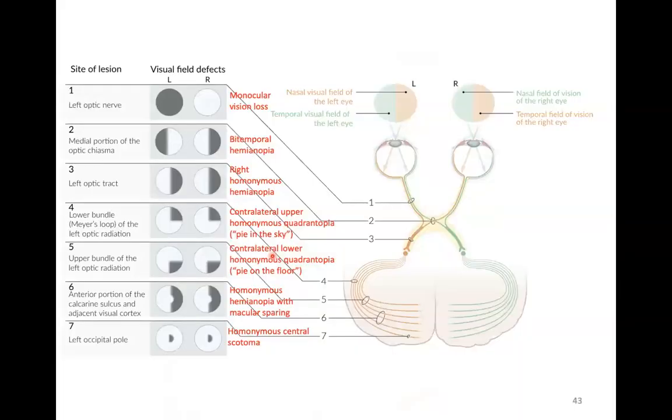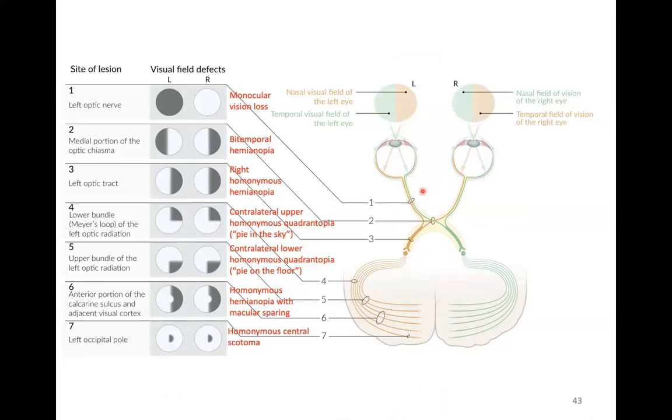Okay, so this is where we talk about the actual pathologies of the visual pathway. I need you guys to get creative here and visualize with me. Let's talk about number one first. If there was a lesion or an injury that cut the optic nerve coming from the left eye, if this was cut right here, what would happen?